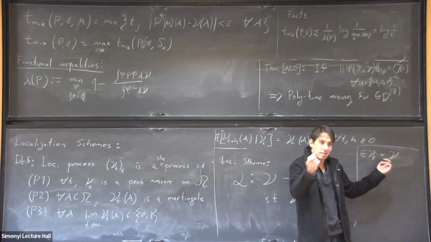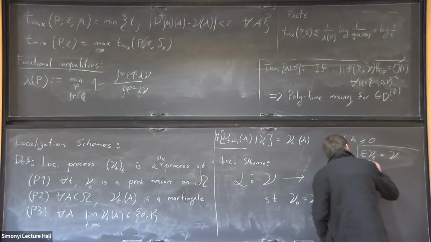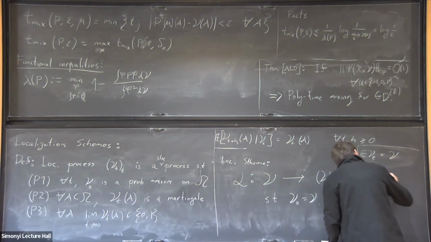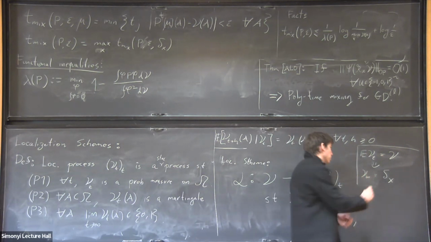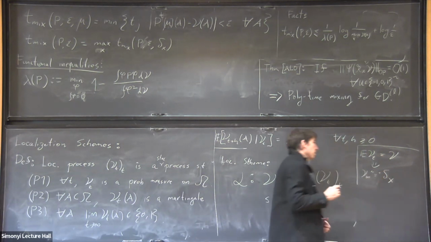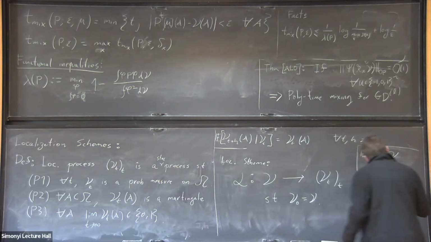This implies that nu infinity is a Dirac on X, where X is nu distributed.